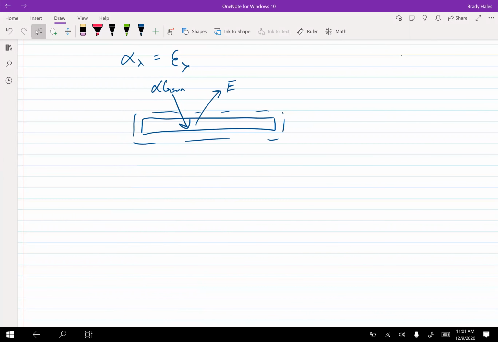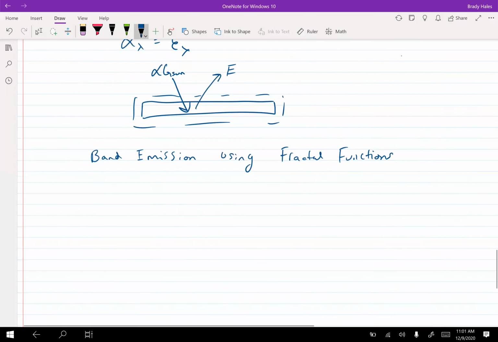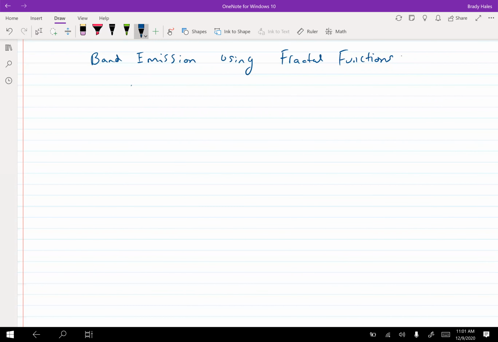Okay, so before I start getting into examples and stuff, one more concept I want to cover, and that's the band emission, right? Using fractional functions. So that's this F, and then you'd have like 0 to 3 micrometers or something, right?